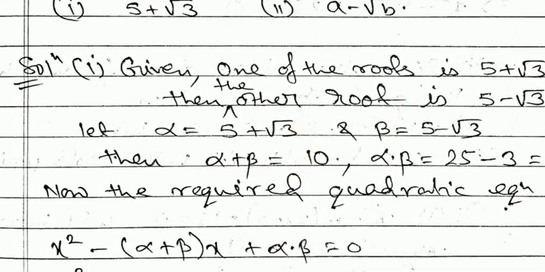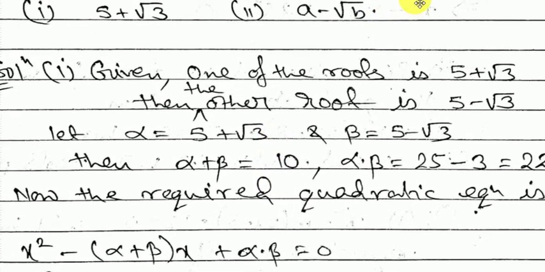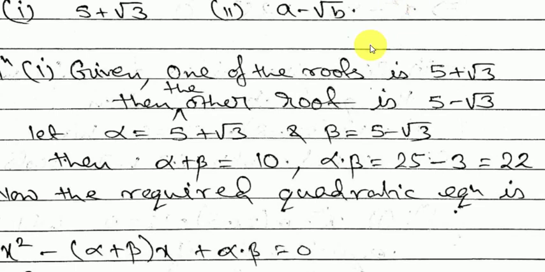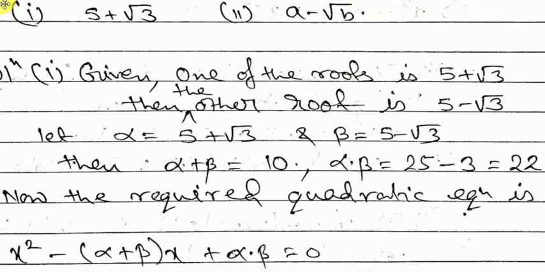We have done so many questions of this type. So given one of the roots is this, then the other root will be 5 minus square root of 3.